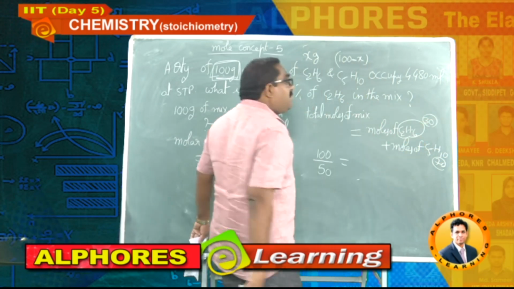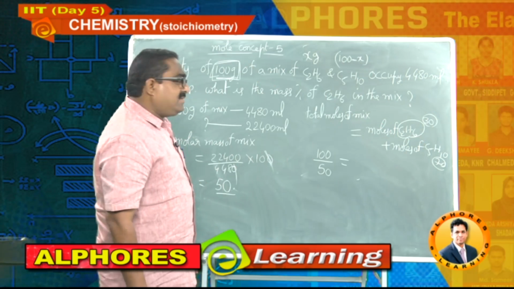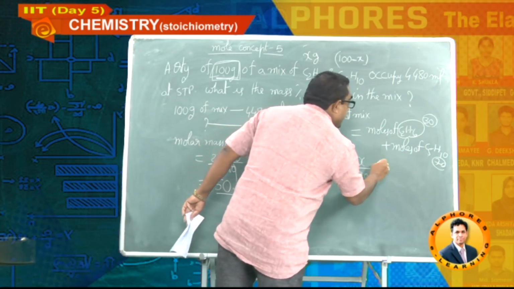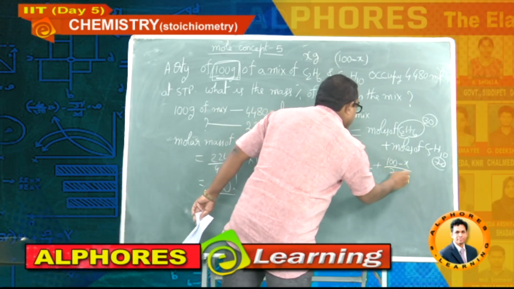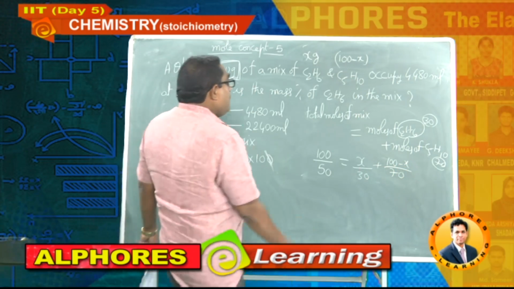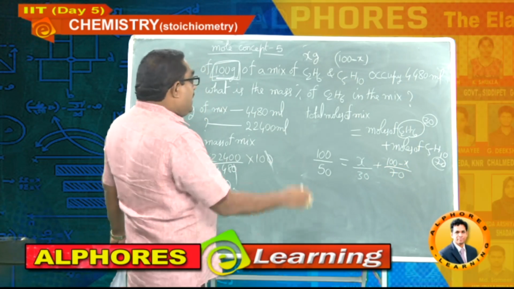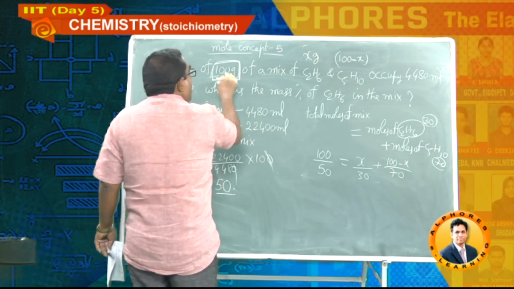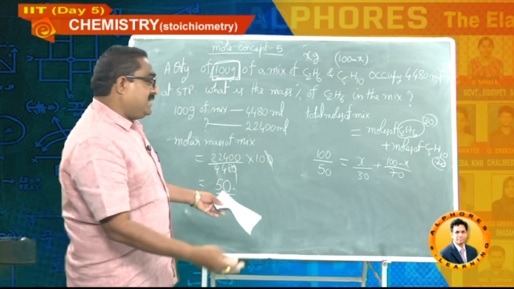Now I have the molar masses of both the gases, so I can calculate the moles of both: x divided by 30 plus (100 minus x) divided by 70. From this we will finally get the value of x, which is nothing but the percentage, because the total mass itself he has given as 100. Out of 100 is nothing but the percentage.